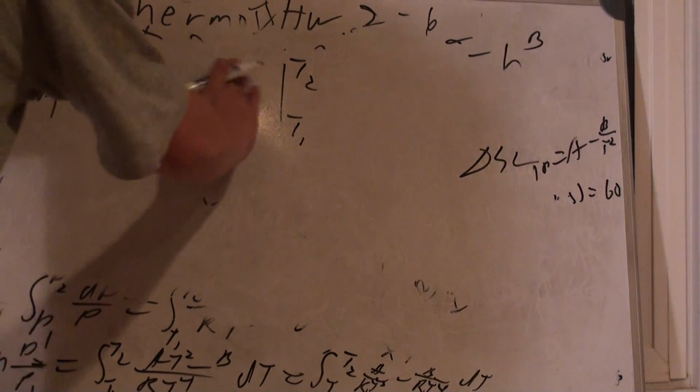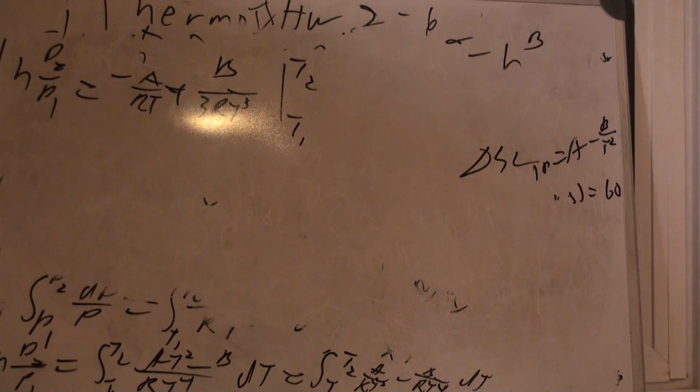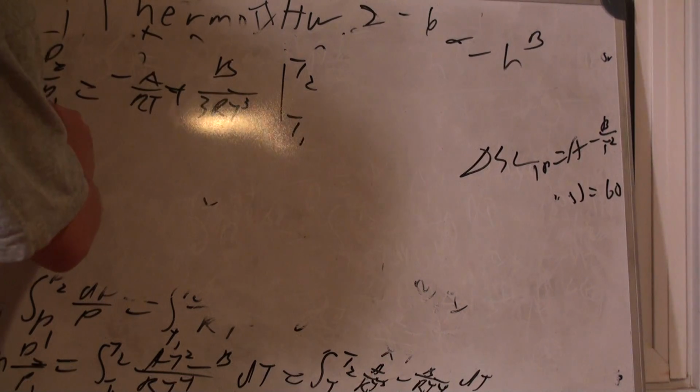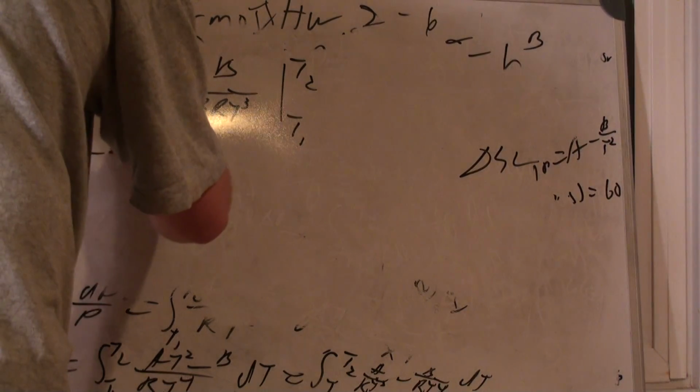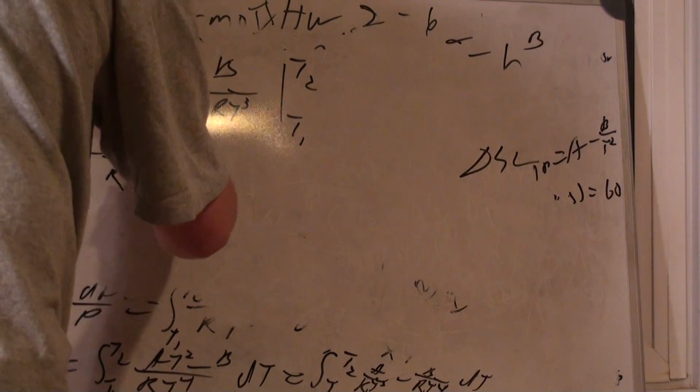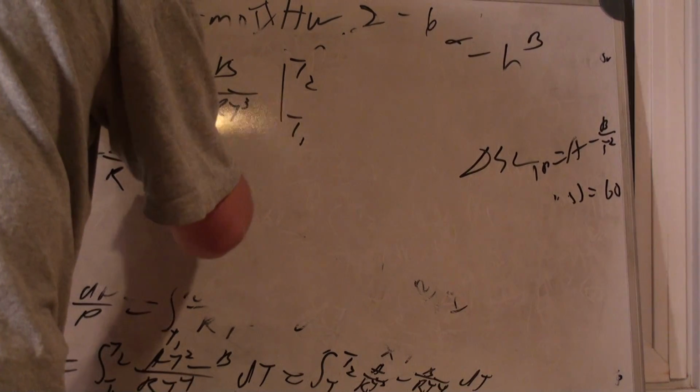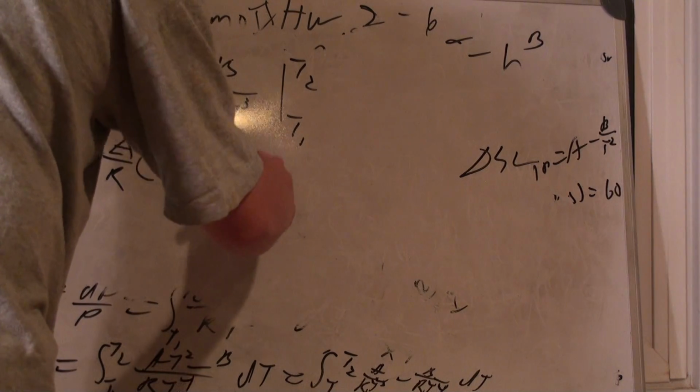That's B. Okay. Well, let's see here. Is that good to go? Yeah, so this becomes natural log of P2 over P1 equals minus A over R from 1 over T2 minus 1 over T1.